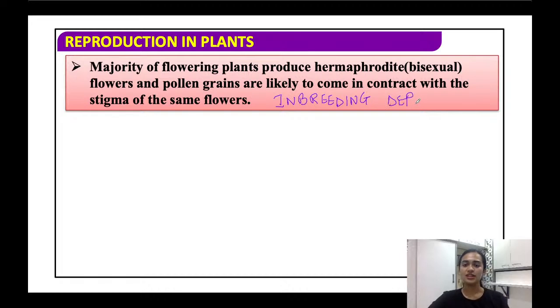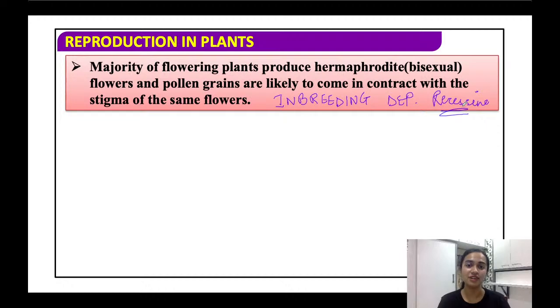All right. So inbreeding depression is nature's way. If there is continuous self-pollination, the recessive traits get promoted, and because the recessive traits are promoted, there is a high chance of inbreeding depression, and there is no variation, no mutation.